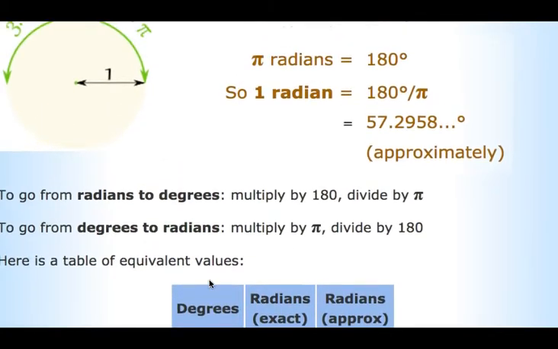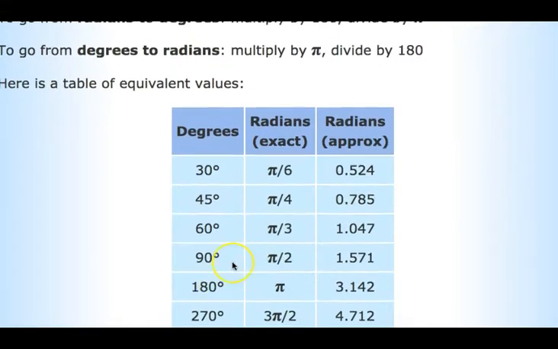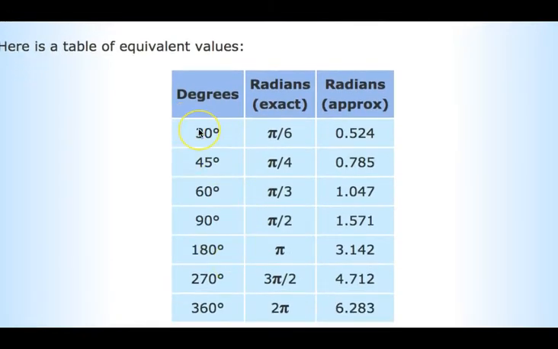Okay, so girls, we're going to do this in our books anyway, but you know how we've got 30 degrees? If you relate that to 180, isn't 30 180 divided by 6? So that's why 30 degrees in radians is 180 divided by 6, so it's pi on 6. Do you get that? Look at 60 degrees.